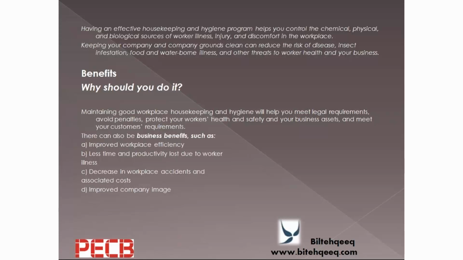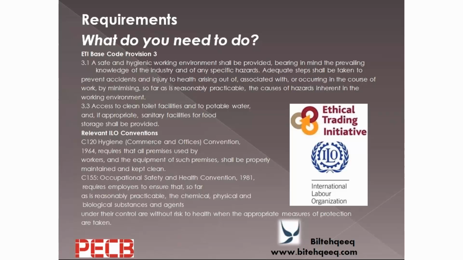And so, beyond the previous concept we have discussed, there are also requirements in some other standards related to worker hygiene. The first one is 3.1 of the ETI standard. A safe and hygienic working environment shall be provided, bearing in mind the prevailing knowledge of the industry and any specific hazard. Adequate steps shall be taken to prevent accident and injury to health arising out of, associated with, or occurring in the course of work.